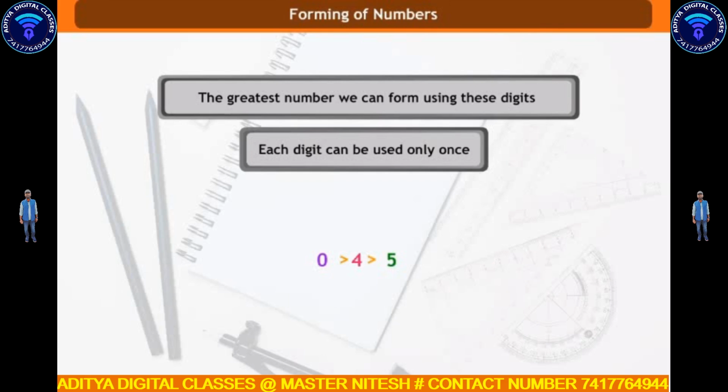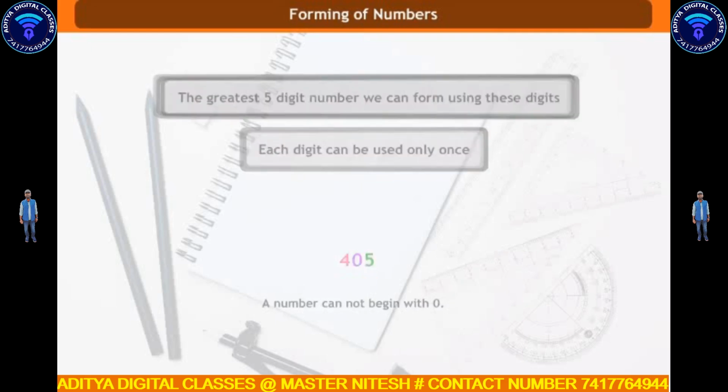Now, if we want to form the smallest number using these digits, we arrange them in ascending order. We see that 0 is the smallest, then 4 and lastly 5. If 0 appears in the beginning, we shift it to the next position. Hence, 405 is the smallest number.